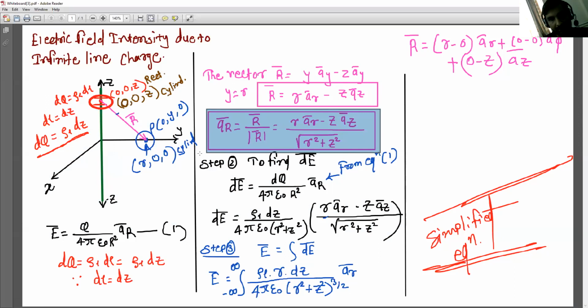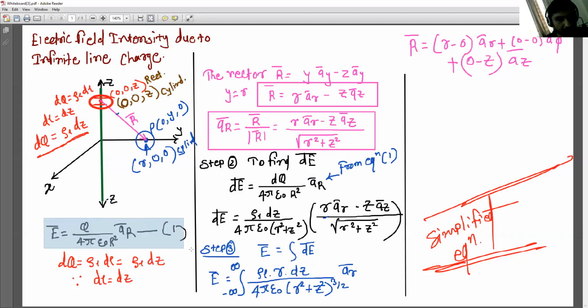The next step is to find differential electric field intensity dE bar. So dE bar can be found from equation 1 itself, right? So this is complete electric field. I want differential electric field. So for differential electric field, I can write dE bar is equal to dQ upon 4 pi epsilon naught r square a bar r.